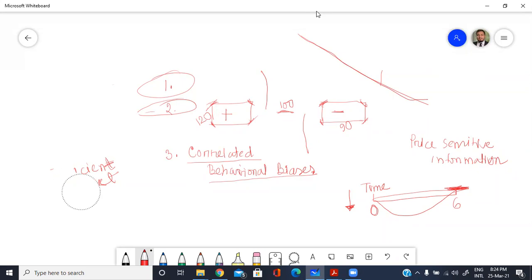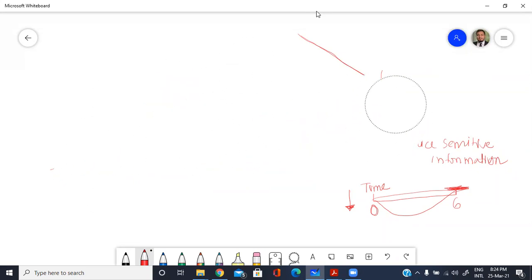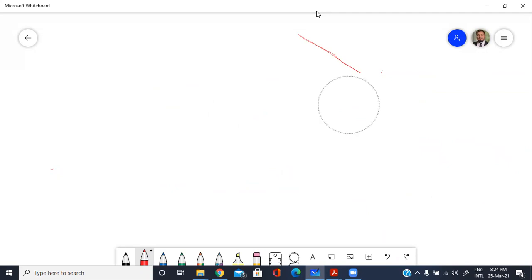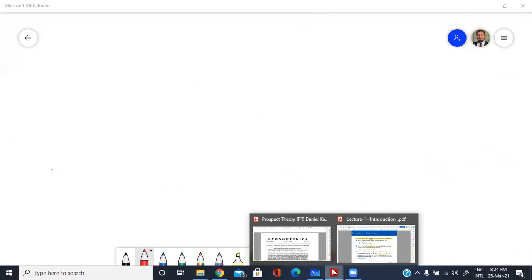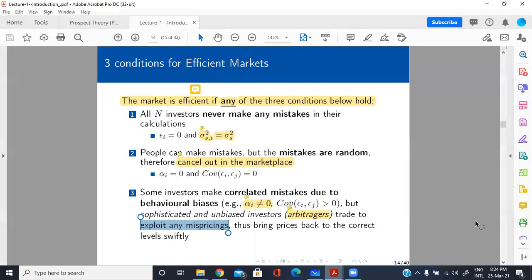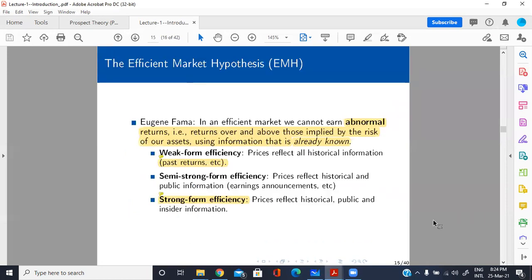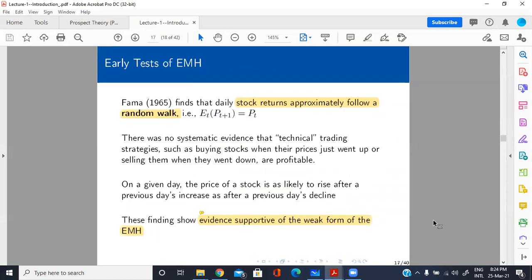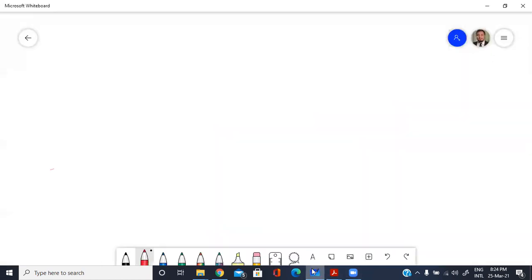Okay, so those are the three conditions which must be present for market efficiency, as claimed by the proponents of market efficiency. The thing is that we see that Fama has done several studies to see that the market is close to efficiency and the market tends to be efficient.